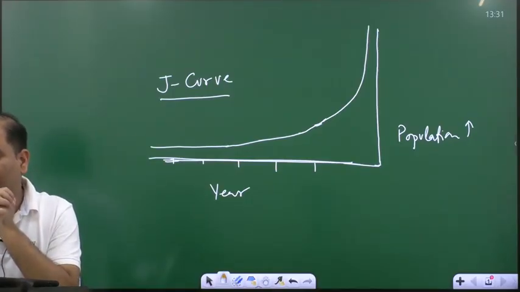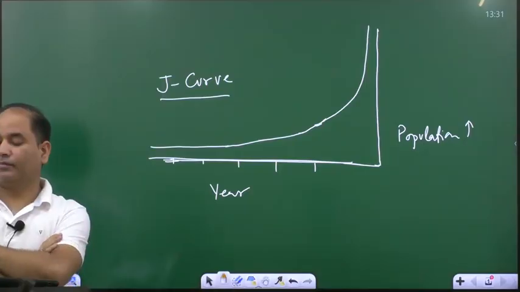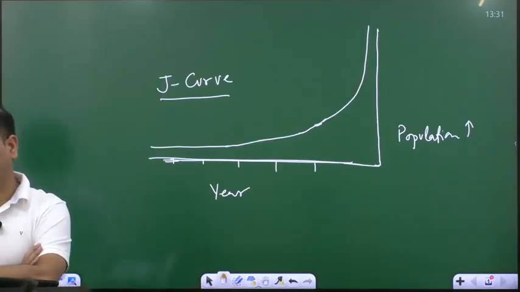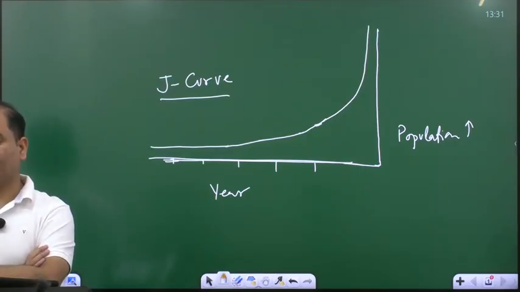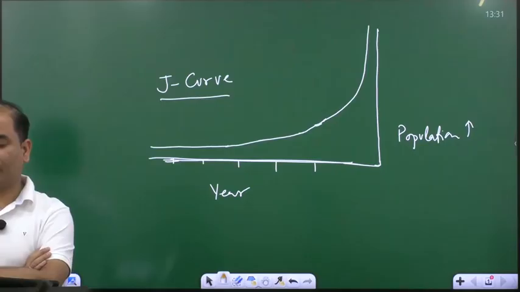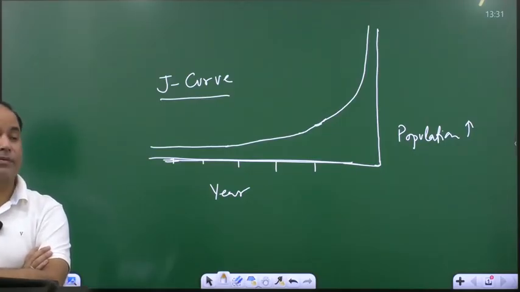Then we have the third pocket, that is Southeast Asia. Here we have Indonesia, Vietnam, Philippines, Thailand, Myanmar, Malaysia.